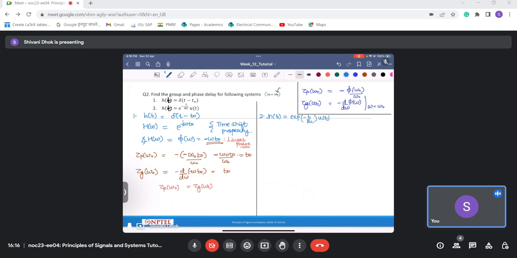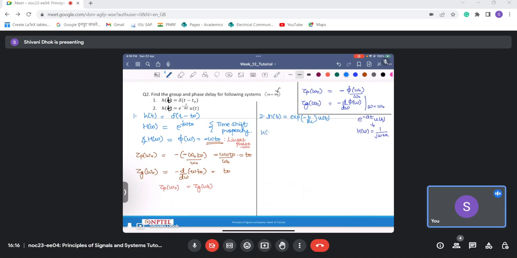So this is our standard exponential, which is of the form e power minus a t u(t), and we know that the Fourier transform for this is H of omega equal to 1 upon j omega plus a. We have seen this previously, and here a is equal to 1 by RC.